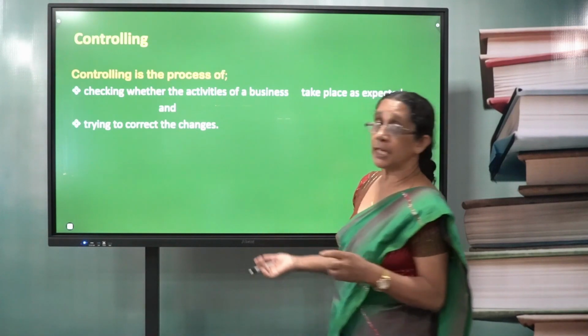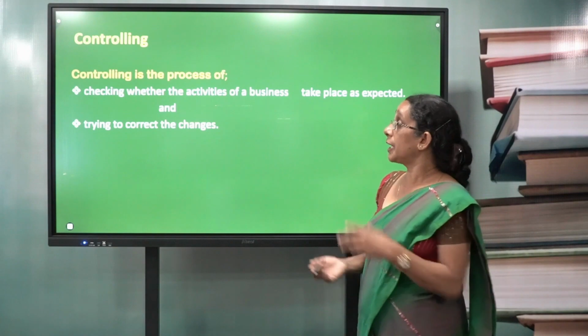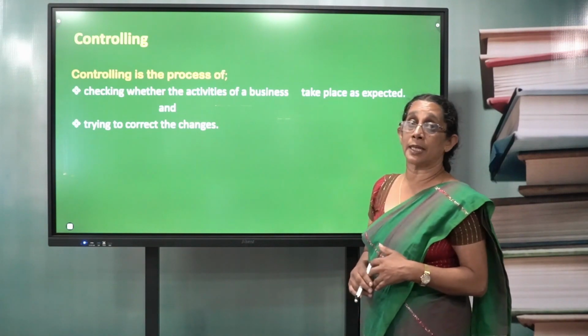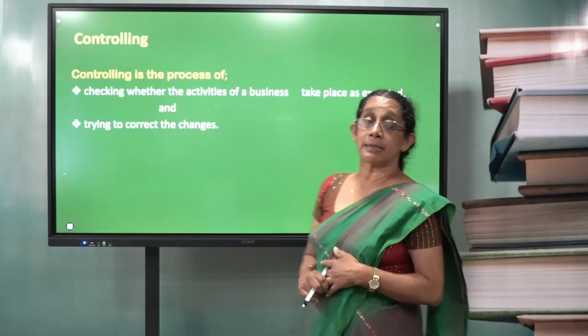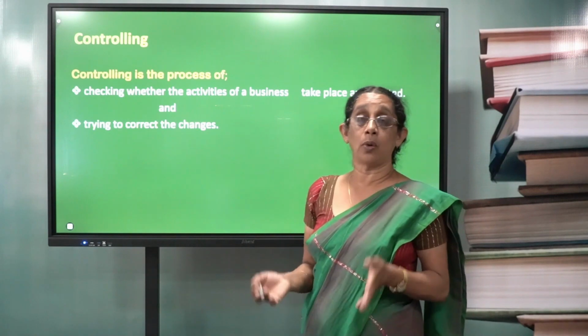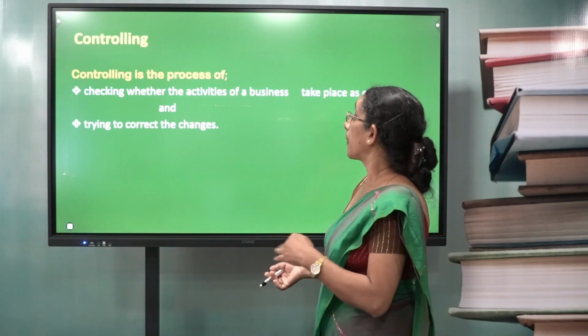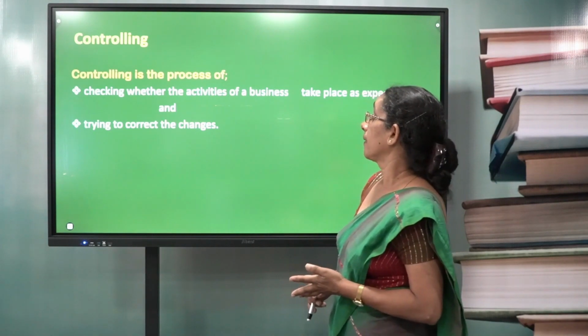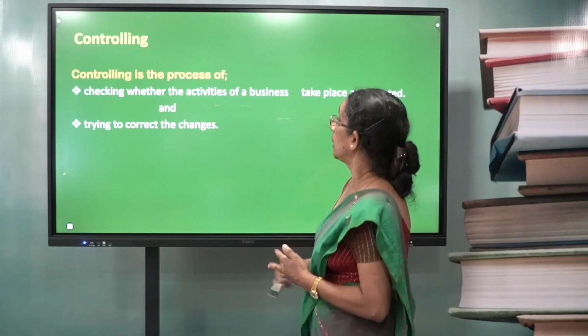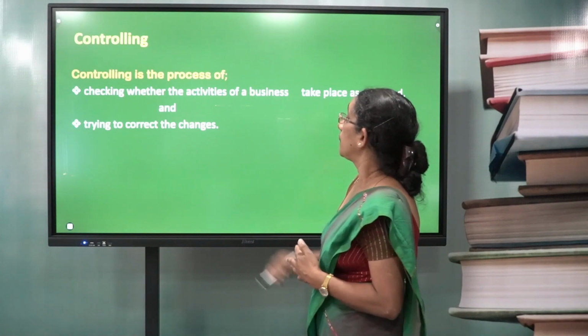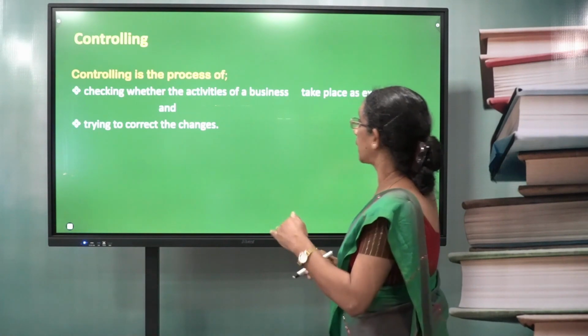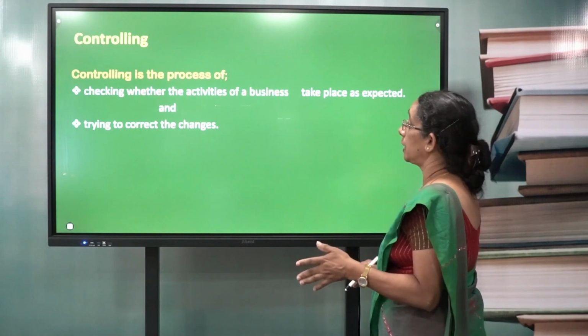And then leading. In the leading part in our school, the principal is leading the whole school. He has to manage and lead all the activities and acts the part of the leader.